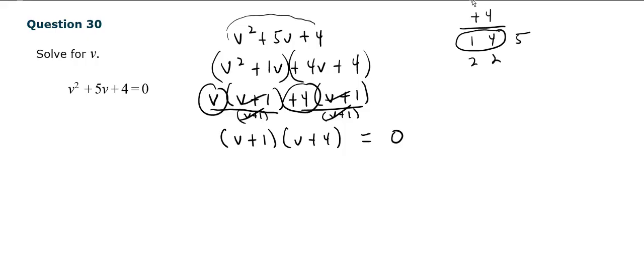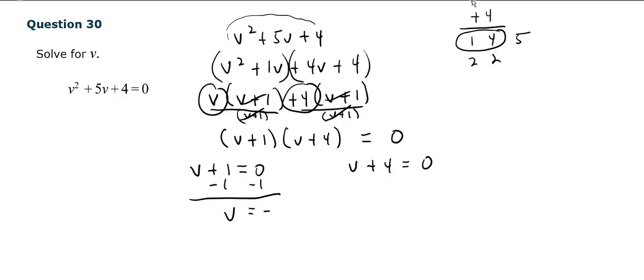So now we use our zero product rule, and we're going to set each one of these factors to 0 and solve. So our first answer is -1. And our second answer would be -4.